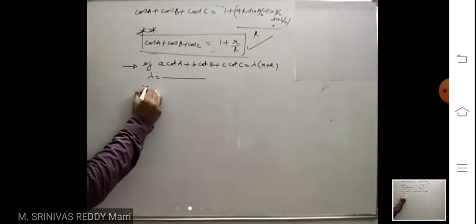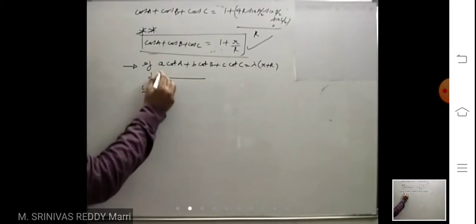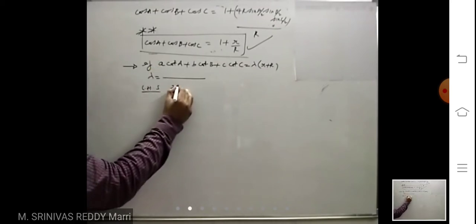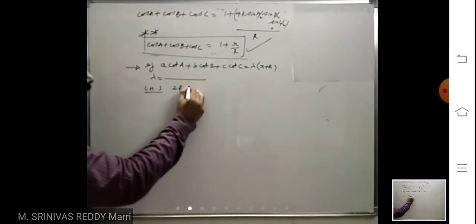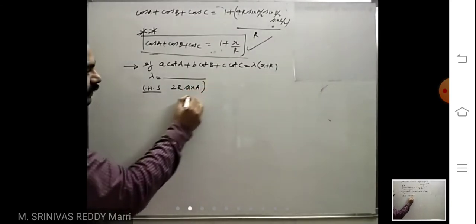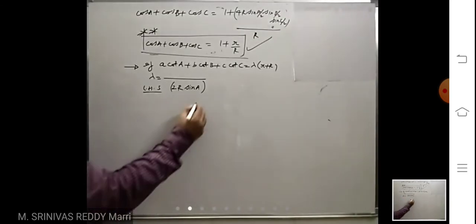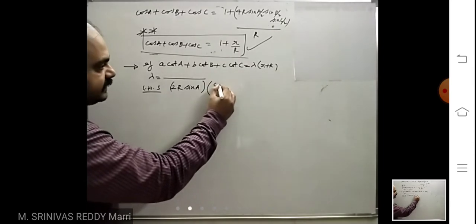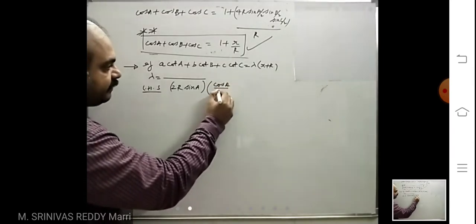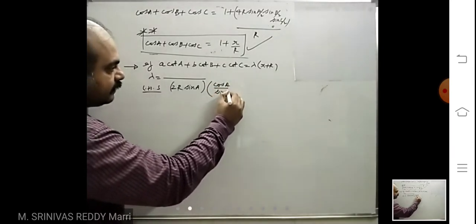So LHS I am taking. Now A is nothing but, according to sine rule, 2r sine A. So cot A is nothing but cos A divided by sine A. Right?